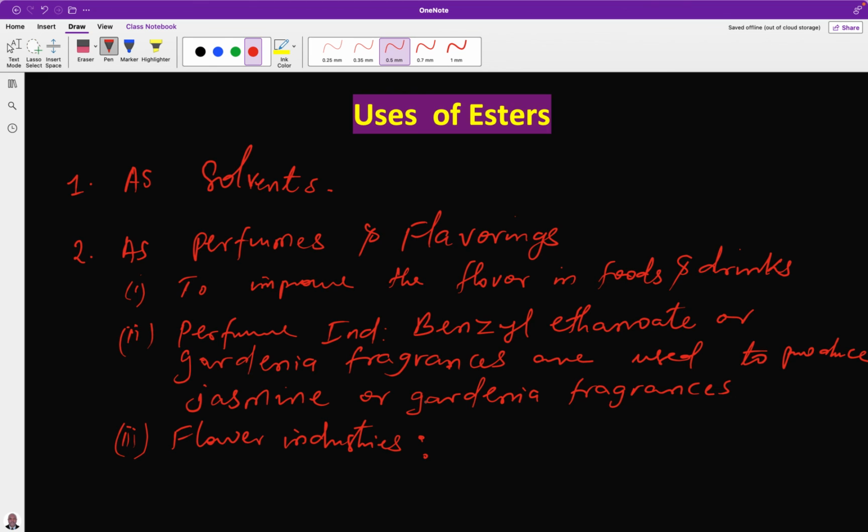They are also used in the perfume industry, for example benzyl ethanoate or gardenia fragrances used to produce jasmine or gardenia fragrances. And finally, they are also used in flower industries, especially flowers that have naturally occurring esters.